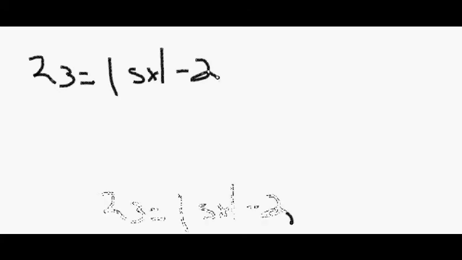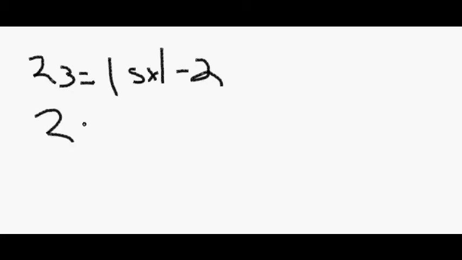Then for the next one, we have 23 equals the absolute value of 5x minus 2. So what you want to do is get that 2 on that side. So you'll add 2 to both sides. So you get 25 equals the absolute value of 5x.